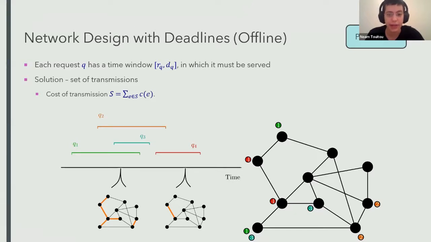You can verify that the solution seen here is indeed a feasible solution for this input. And the cost of the solution, which we aim to minimize, is the sum over the transmissions of the cost of the transmission. So the cost of the transmission is simply the cost of the elements transmitted.